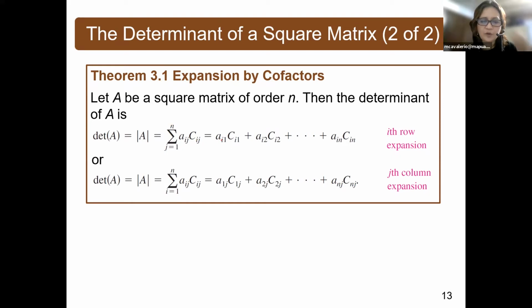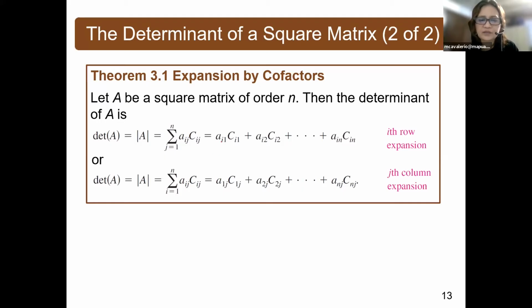So we will have a sub i1 C sub i1 plus a sub i2 C sub i2, and so on until you have a sub in C sub in. This is using an ith-row expansion, so let's say at row i.